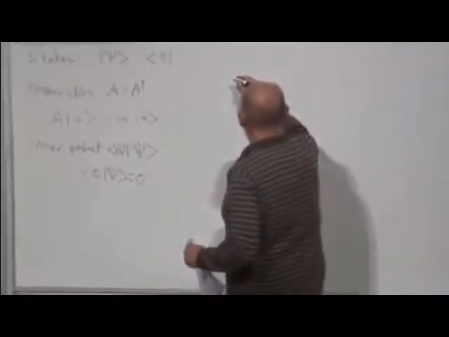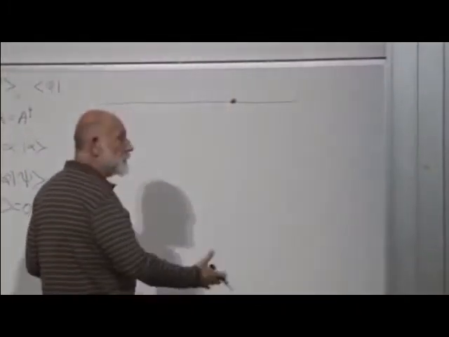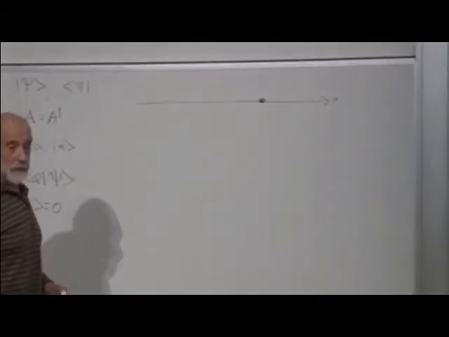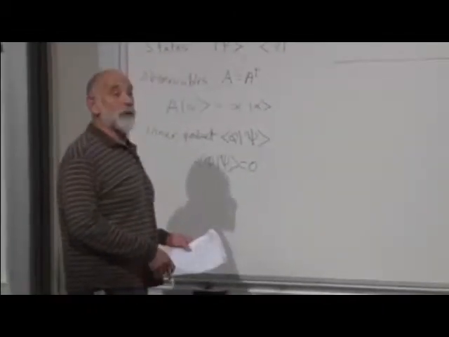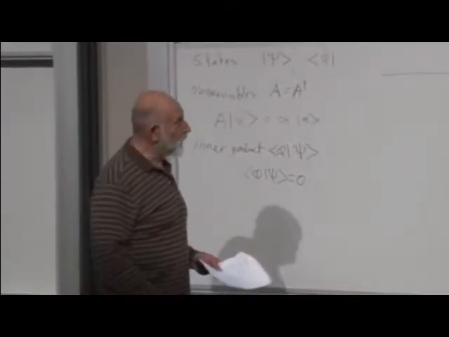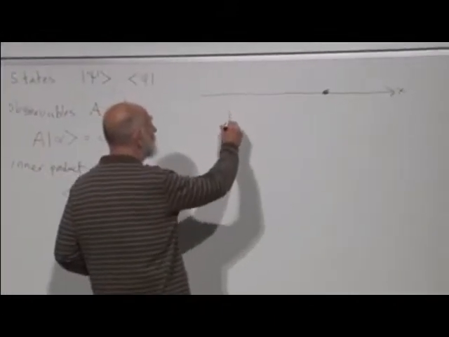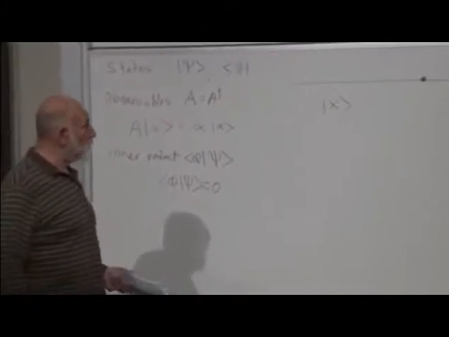Now, when it comes to particles, the most important observable is the position of a particle. So let's just discuss particles moving on a line. A line is the x-axis. The location of the particle is just a value of x, and obviously x should be thought of as an observable. In particular, there are states which are labeled by a value of position.